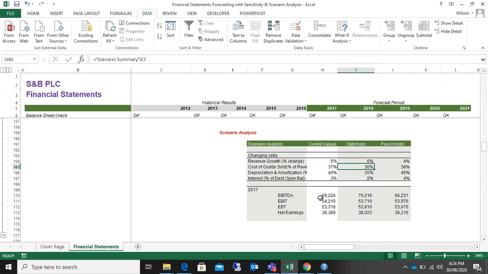Of course, it's going to impact our EBIT positively. You can see 53, and if it is pessimistic, it's negative, 53.9. Look at EBIT, look at net earnings as well. So that's the interpretation.